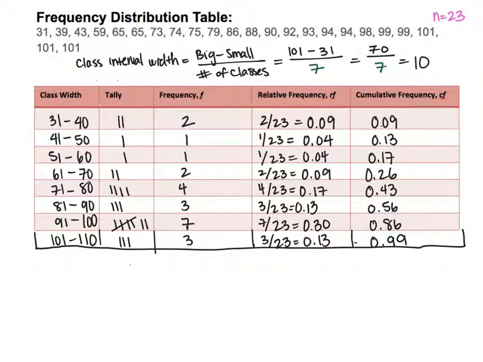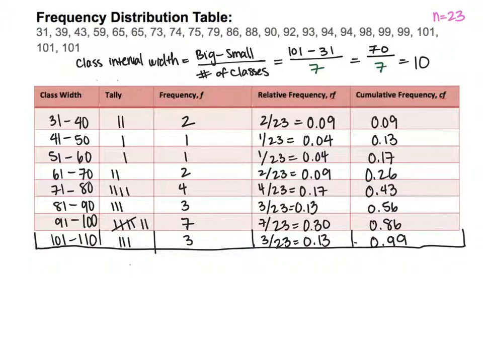But if you are a lot off, like 1.5, that is off by quite a bit. Here I'm only a hundredth away from 1, so I'm pretty close. If it's off by a tiny bit, not a big deal, but if it's off by a lot, then you might need to go back and rework the problem.